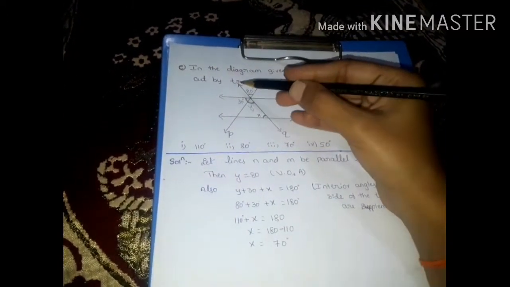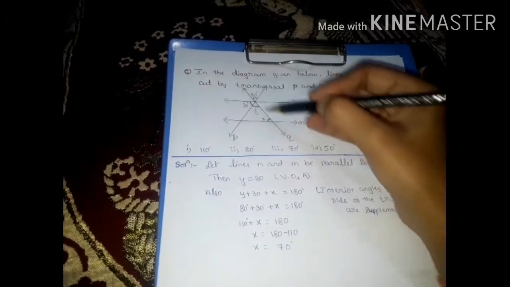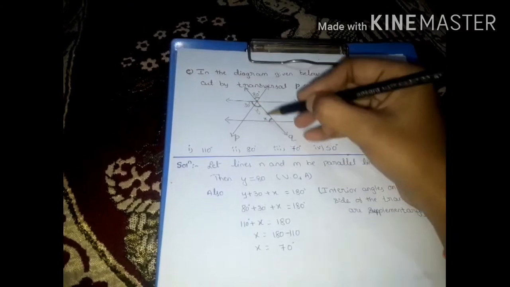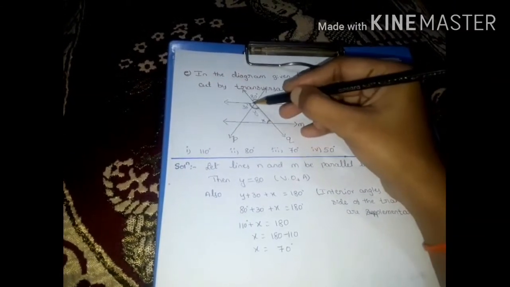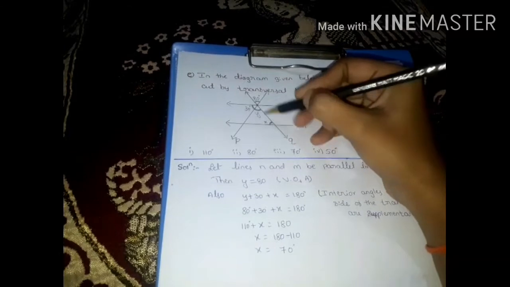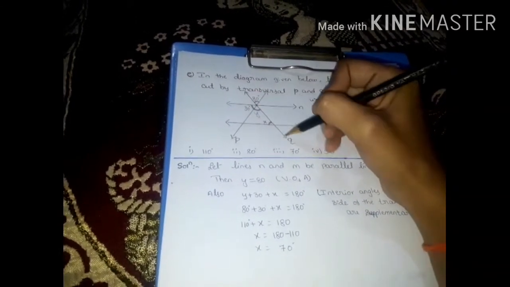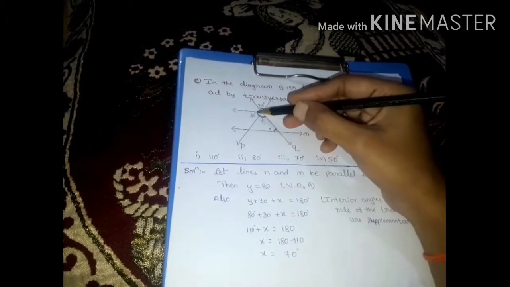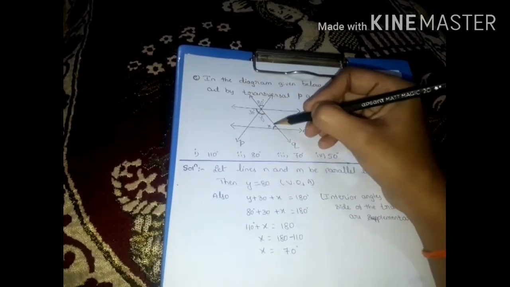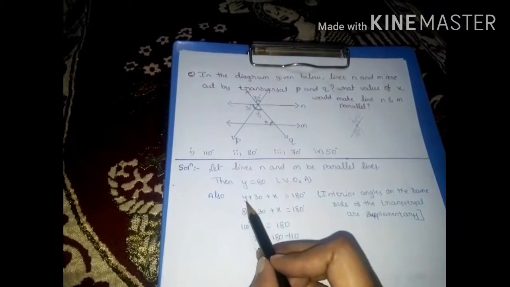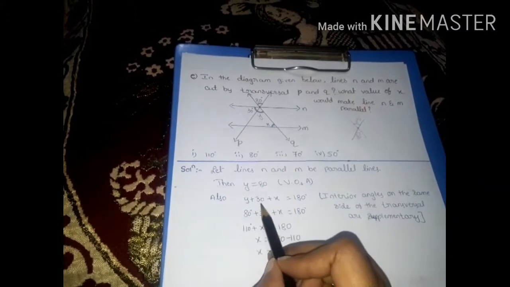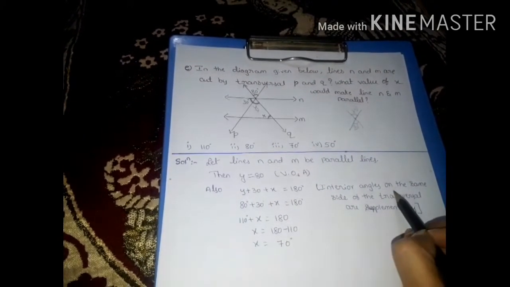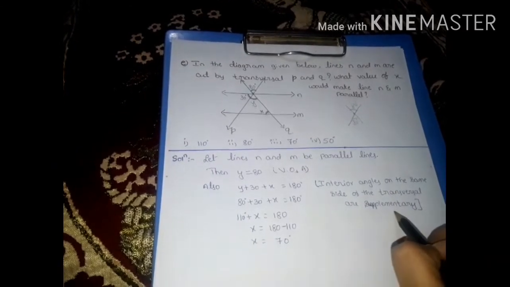Now consider only Q as the transversal, then 30 degrees plus angle y plus angle x are interior angles on the same side of the transversal Q. Then these two are supplementary, nothing but the sum of these angles equals 180 degrees. So you can write here angle y plus 30 degrees plus x equals 180 degrees. Reason: interior angles on the same side of the transversal are supplementary.